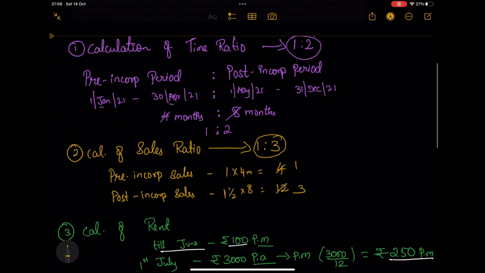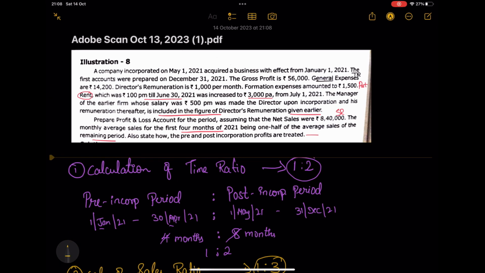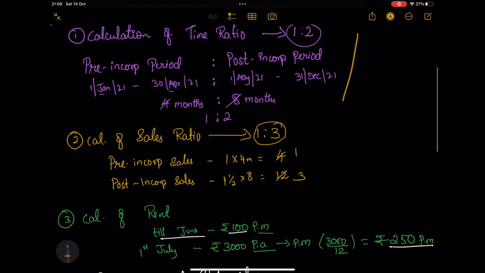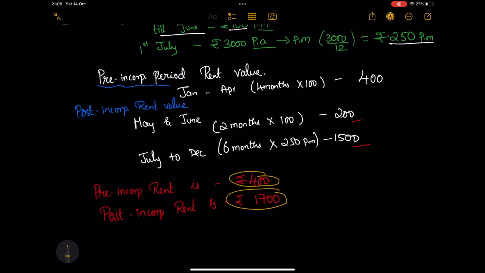So we got time ratio 1:2, sales ratio 1:3, and rent we only calculated 400 and 1700 as the values. Got it? So I'll move on to the solution.